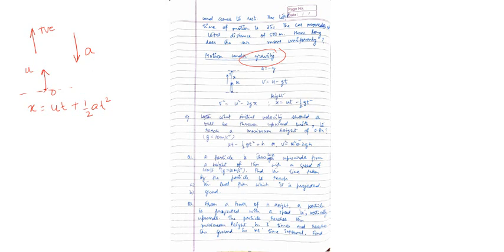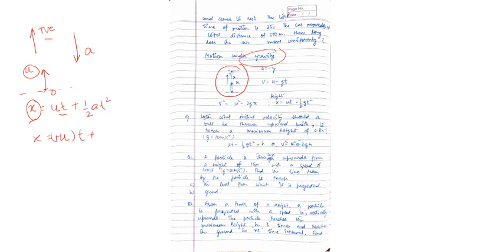Whatever height the ball reaches above ground, that can be x or that can be h. Let us say the height of the ball is x only, as we have taken in this particular figure. So x is the height reached by the ball at some time t, u is the initial velocity. The initial velocity of the ball is in the positive direction, which we have chosen, that's why it's positive.